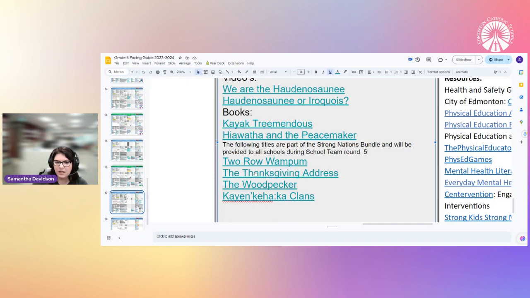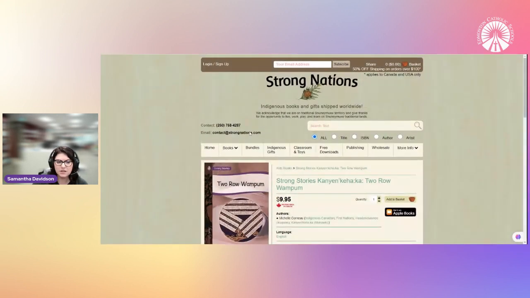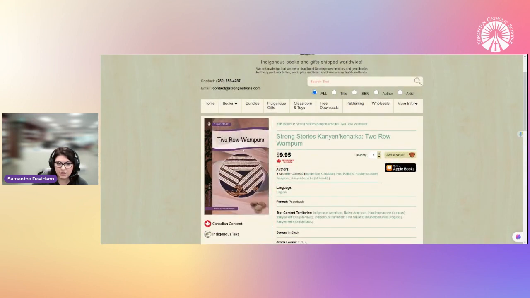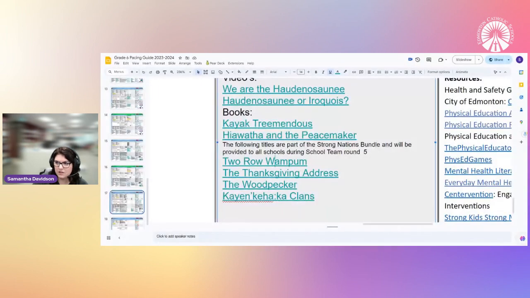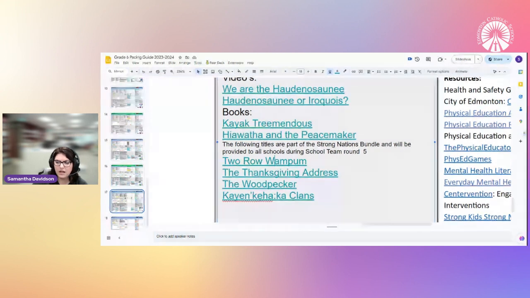And within there, they span social studies, science, language arts, all kinds of ones. But this is an example of what it's going to look like here. So there are quite a few of these that fit nicely with the outcomes this term. So we have the two-row wampum, the Thanksgiving address, the woodpecker, and the Kayanica clans is another great one to use. So those are just some ideas for that.